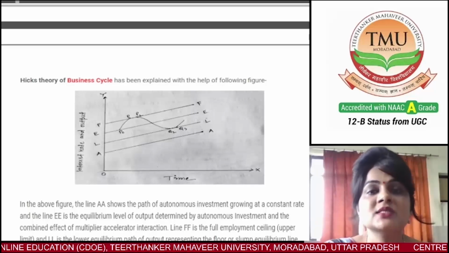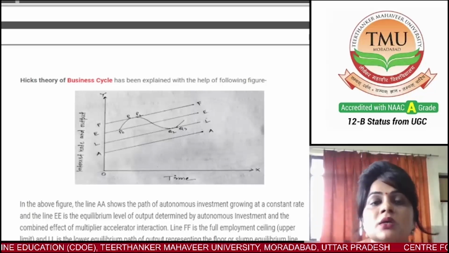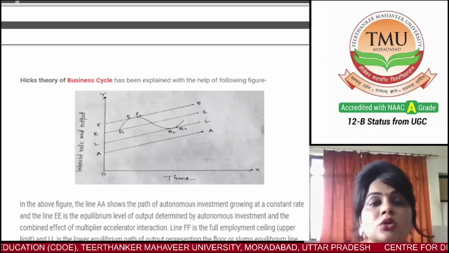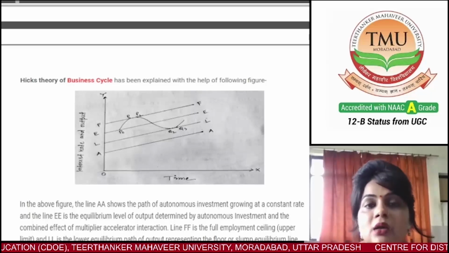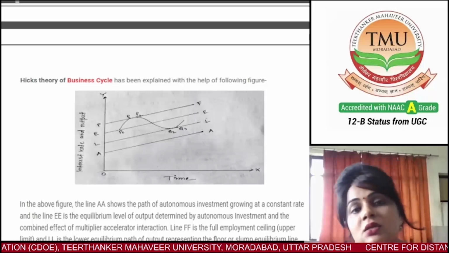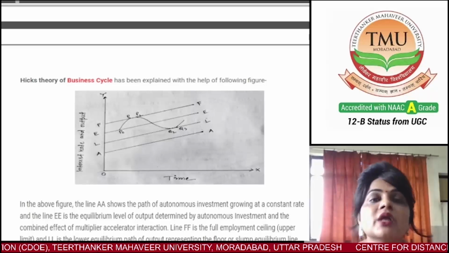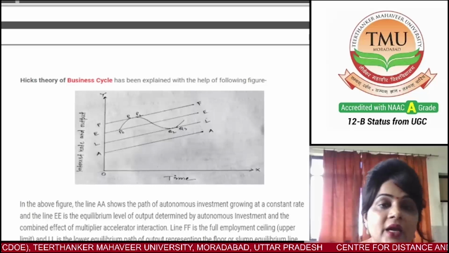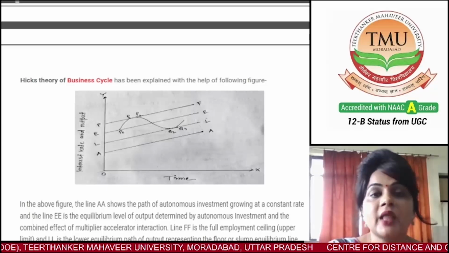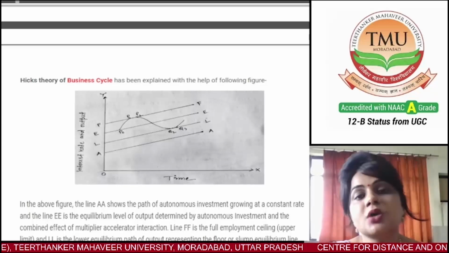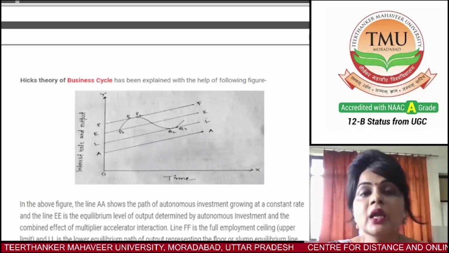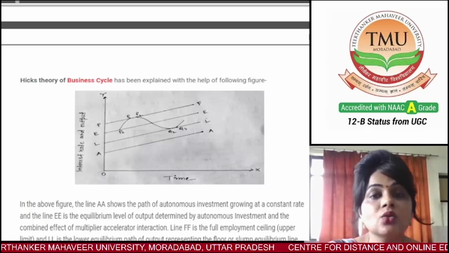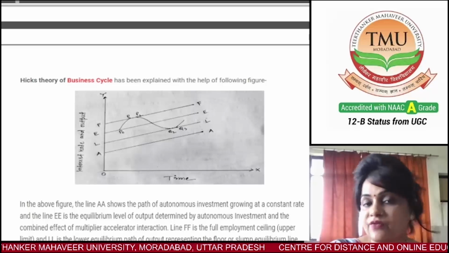When the economy experiences such an outburst, it pushes the economy above the equilibrium growth path EE after point P0. The rise in autonomous investment due to the external shock causes national income to increase at a greater rate than that shown by the slope of EE. The greater increase in national income will cause a further increase in induced investment through the accelerator effect.